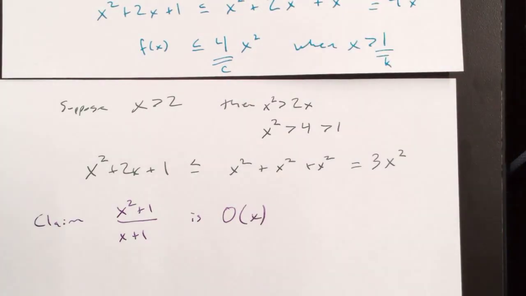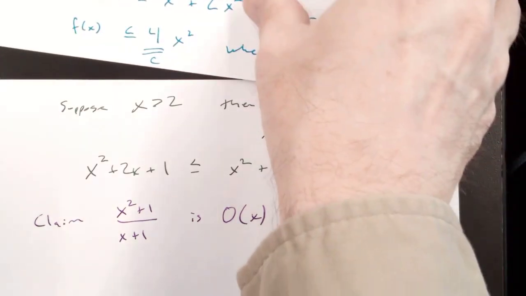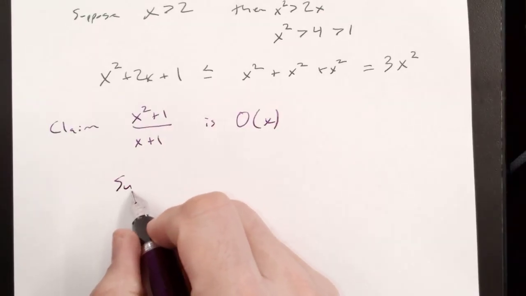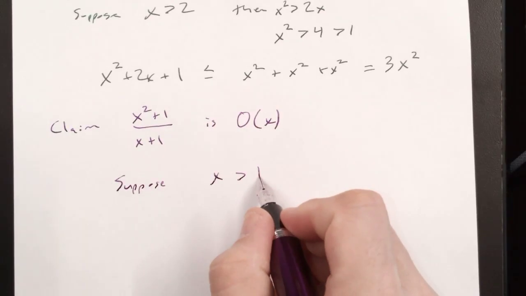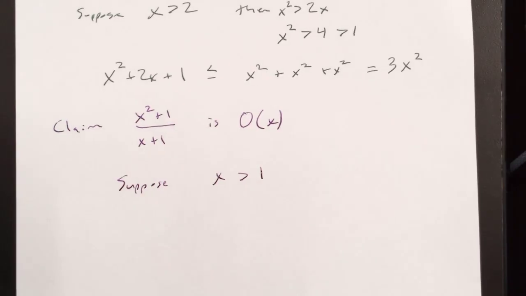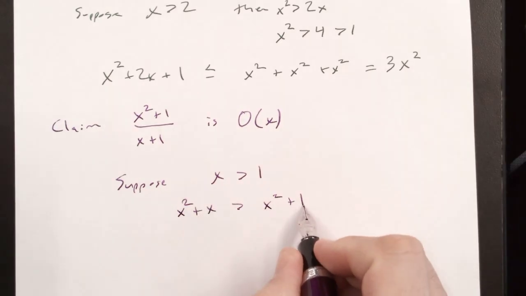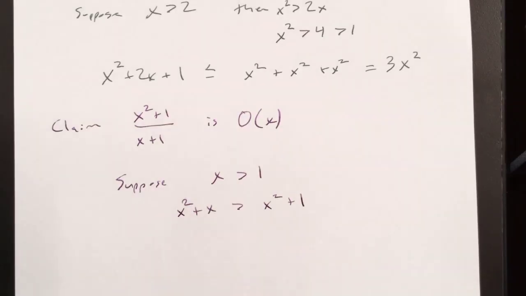I'm going to start the same place I started that one. Let's suppose x is bigger than 1. This time, rather than multiplying on each side, I'm going to add on each side. Isn't that a true statement? The thing on the left can be factored.